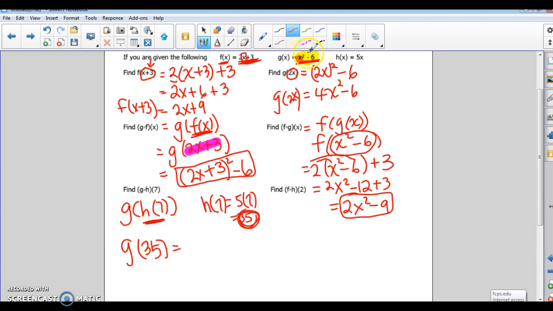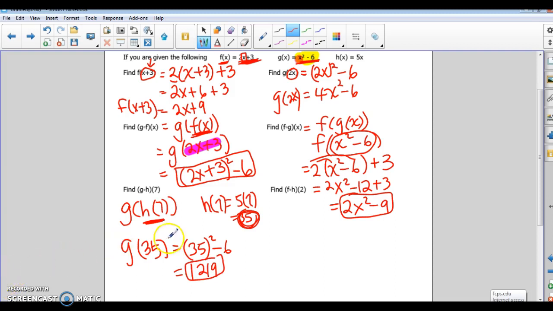G of x is x squared minus 6, so we just do 35 squared minus 6. Grab your calculator, figure out the answer. Pause the video. It's a huge number, 1,219. Okay?